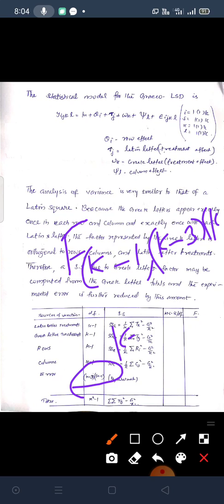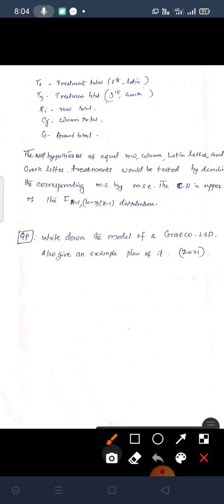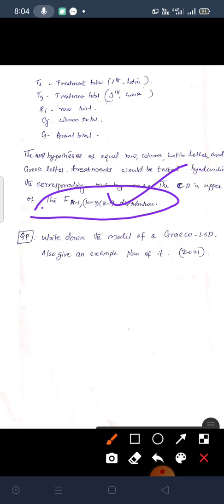Treatments have k minus 1 degrees of freedom, and remember the degrees of freedom of error is k minus 3 into k minus 1. In LSD it was k minus 2 into k minus 1. Now in Graeco Latin square this becomes k minus 3 because we have another set of Greek letters. So remember, finally you can come to a conclusion by comparing with the theoretical values of F from the F distribution.